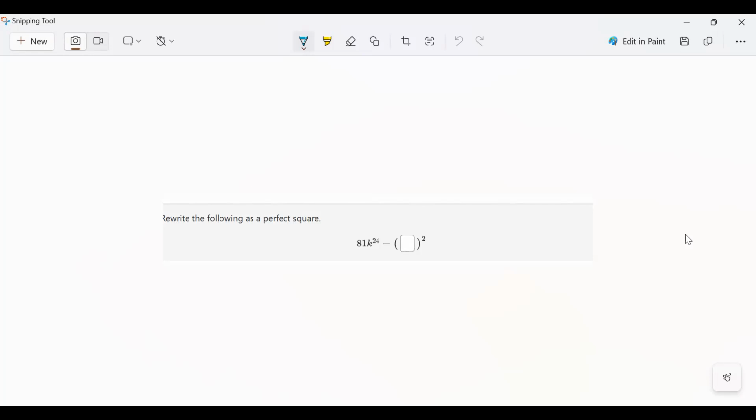All right, let's go to the solution. First of all, you turn 81 into 9 squared, and then k to the 24 becomes k to the 12 squared. Now they both have a perfect square, so you put 9 and k to the 12 together.